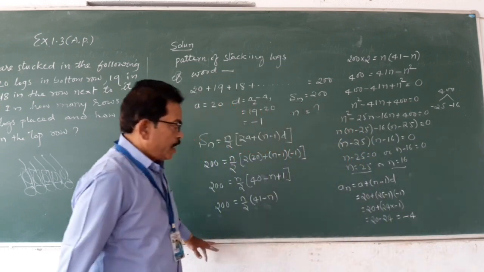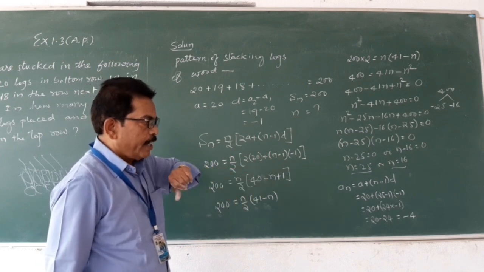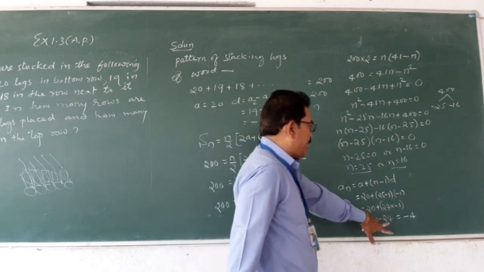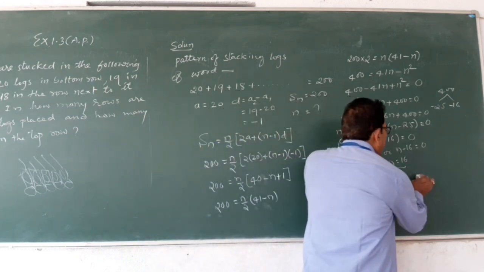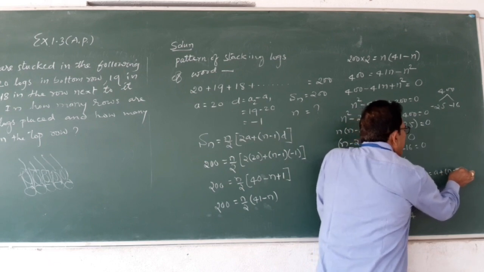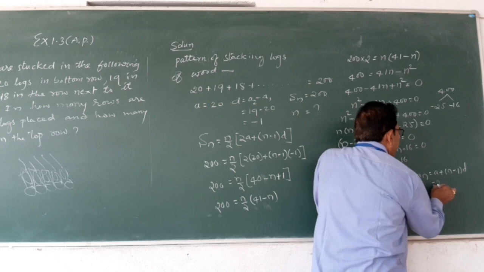Minus 4. In the upper row, minus 4 logs are there. What does it mean? It means that this is meaningless. So next, a_n equals a plus (n minus 1) into d. Let us consider 16.